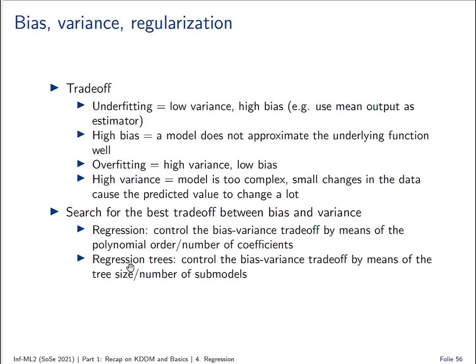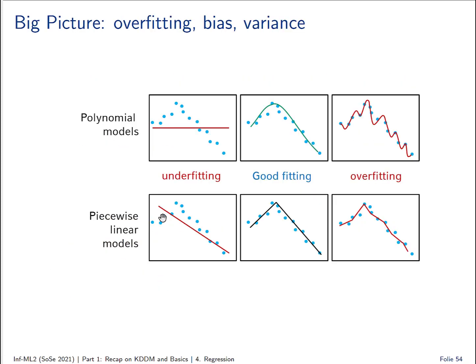And in regression trees, we try to control the bias-variance trade-off by controlling the tree size and the number of submodels. Regression trees meaning here these piecewise linear models. So how many intervals actually? For polynomials, how complex is the polynomial?